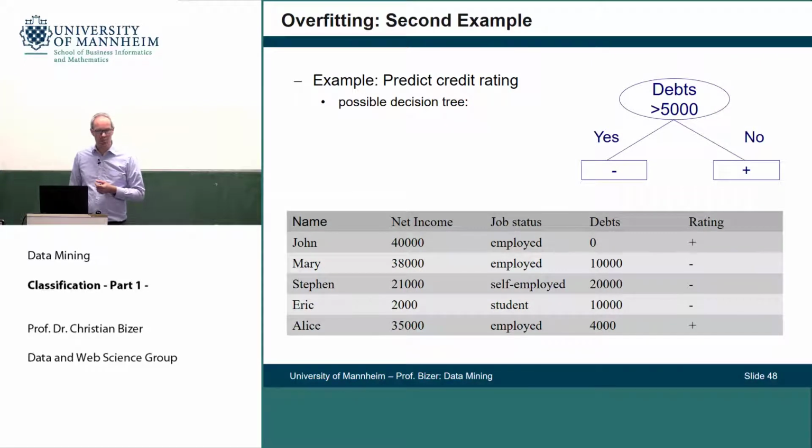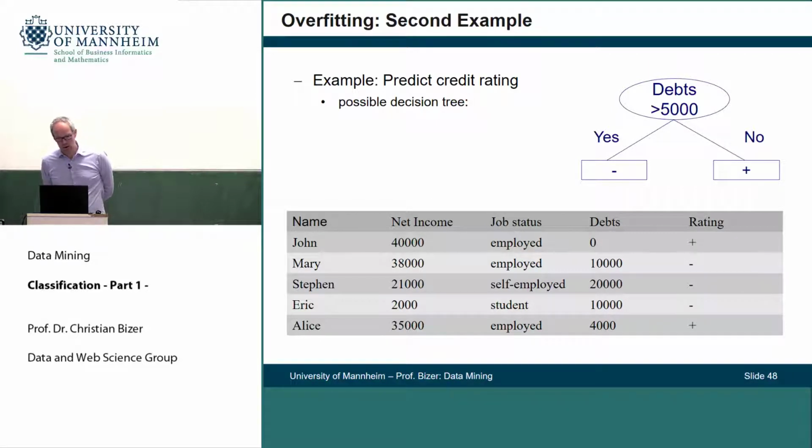So another example for overfitting, now from the finance domain. We want to decide if we give these 4 people additional credit or not. We know their name, their income, their job status, and how many credits they have already gotten. These are our training examples, so we know their rating, plus or minus.